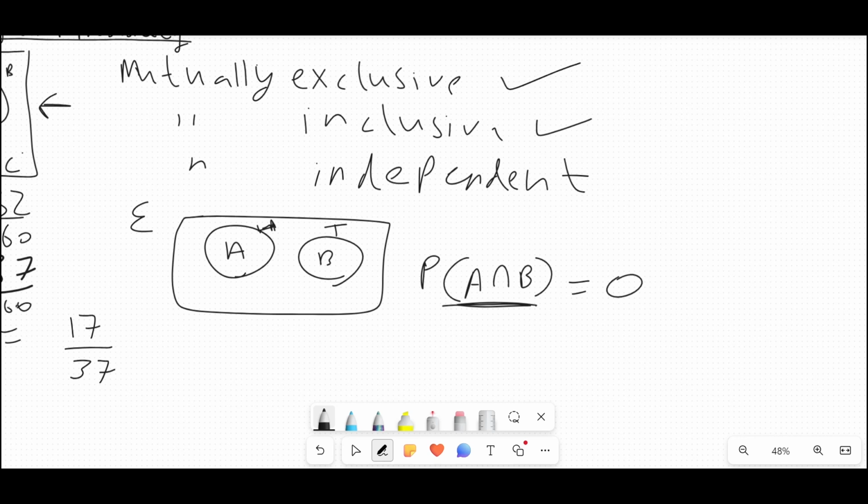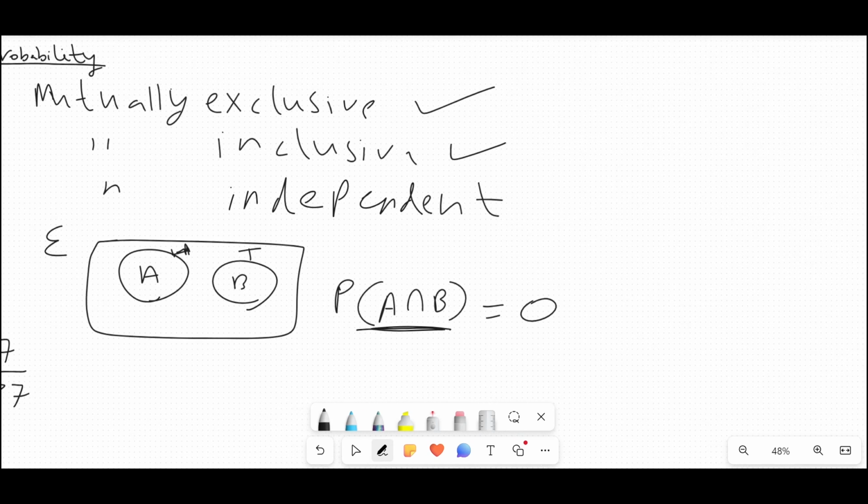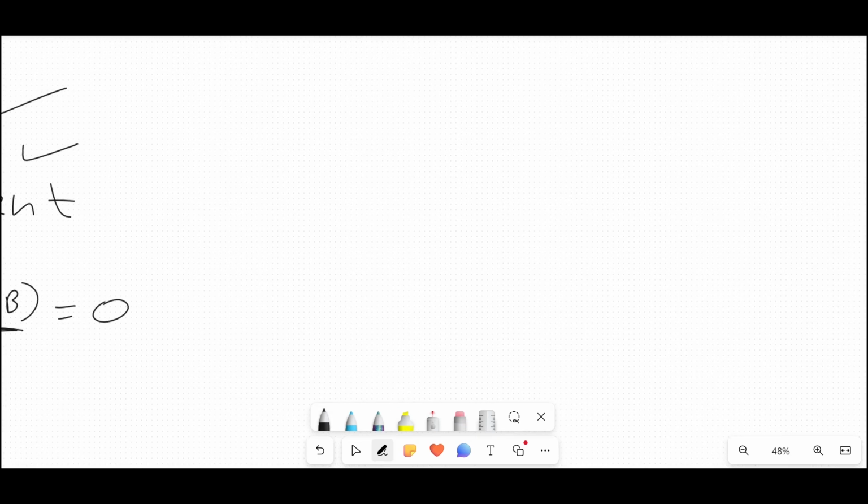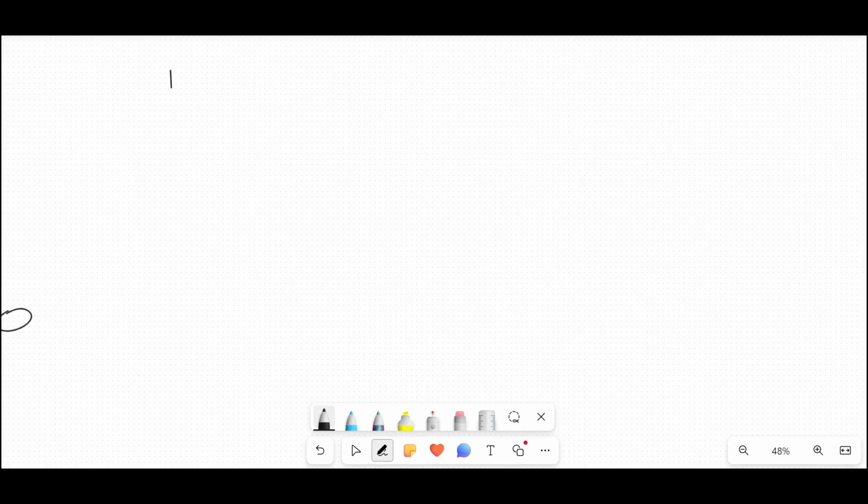Now we've done exclusive set and inclusive set. Now let's look at independent sets. So let's say I toss a coin and then I roll a die. What is the probability of getting a 6 on the die and a heads on the coin, right?